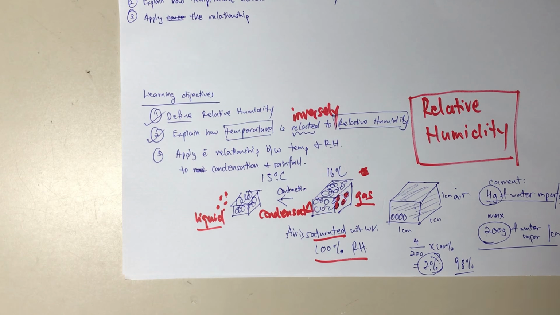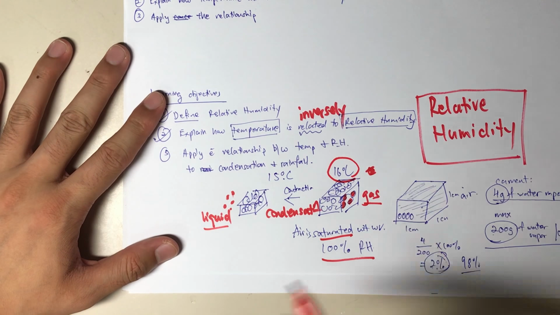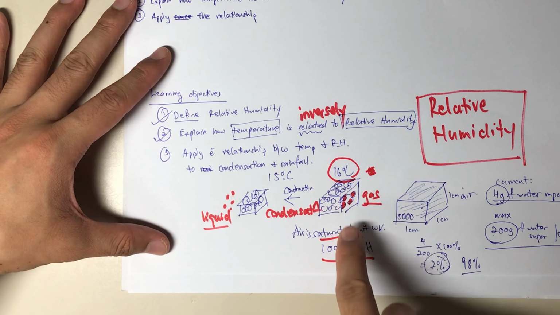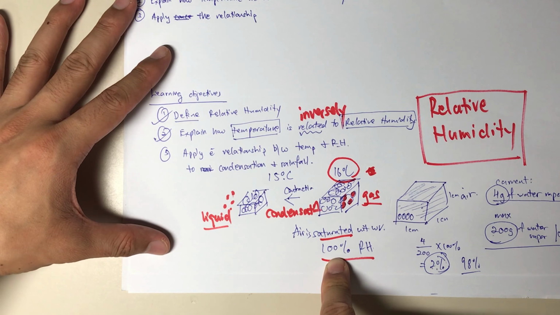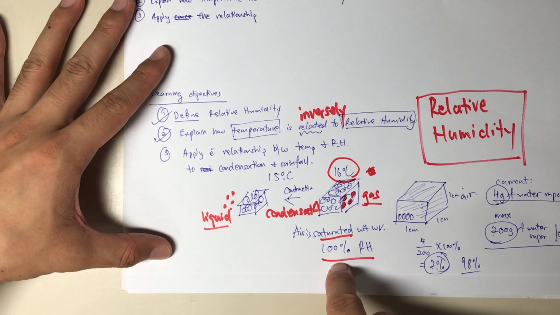Okay, so you realize it's quite important to know this temperature here, because if I know this temperature, I know when my air will be 100% saturated with water vapor.